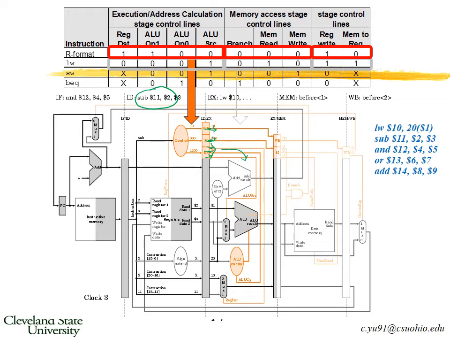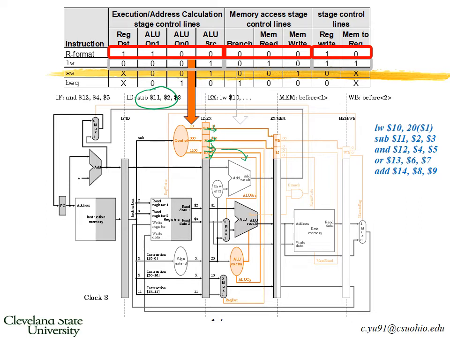Those 9 control signals also carry over to the execution stage, and of course some of them are used in the execution stage, but the other 5 control signals are simply passed to the next stage, which is the MEM stage.